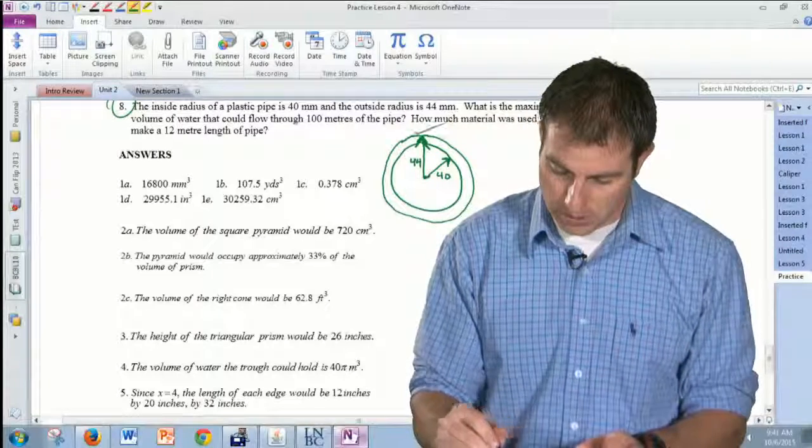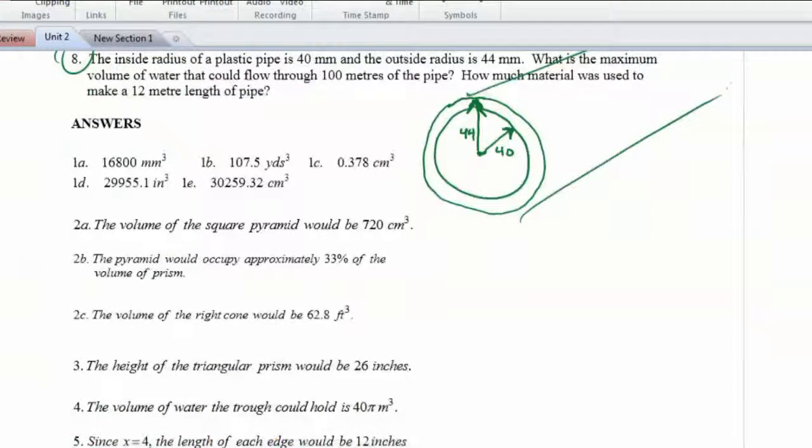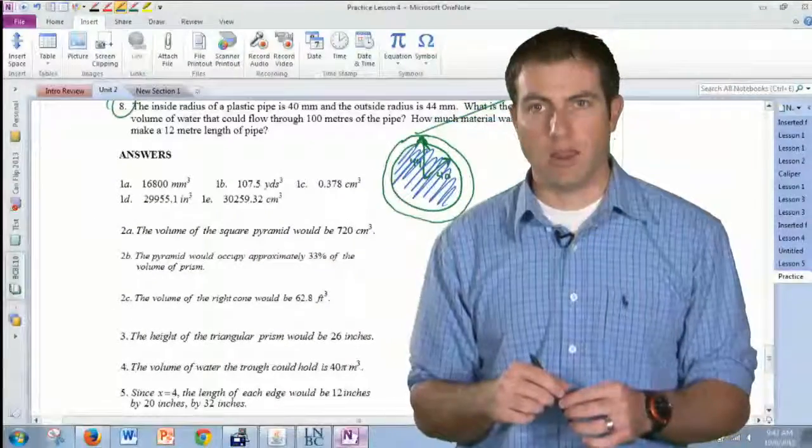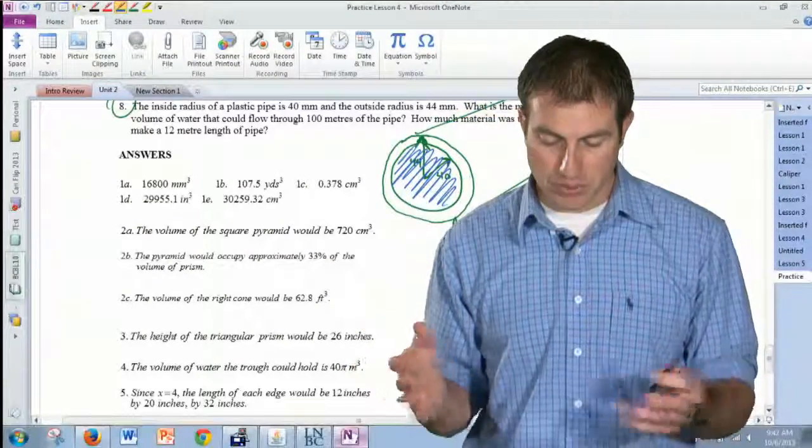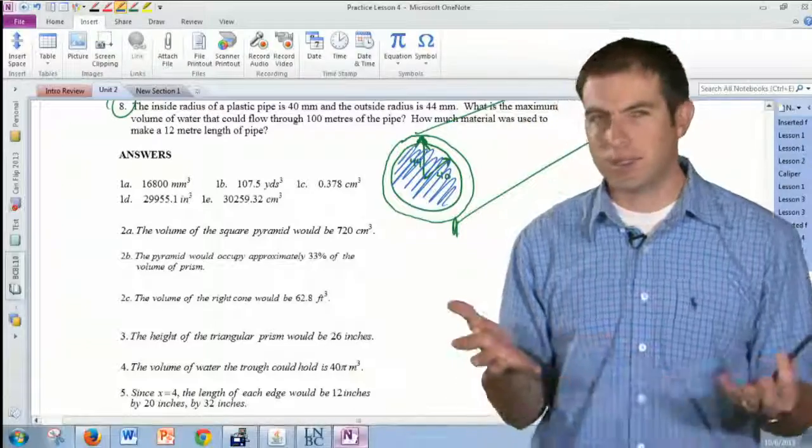If you can imagine, this is a big, long pipe, so a 3D shape. It's going to extend. The first part of the question says 100 meters of the pipe. So the water volume is what's going to fill up the inside of this pipe. For the first part of the question, we don't even care that the outer radius is 44, because it's not important to the question.